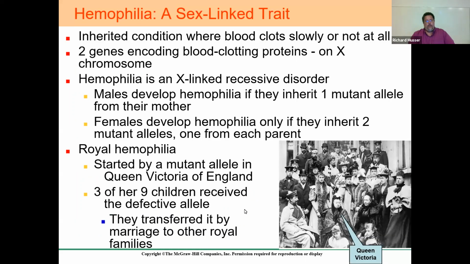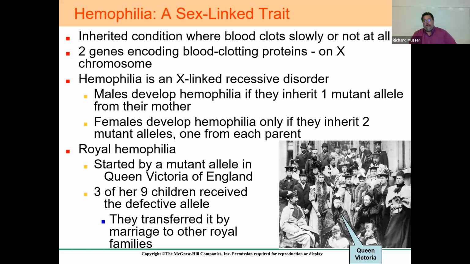This was a bigger issue in royalty, for instance, who tended to be very selective of who would hook up with their family, right? So they would tend to have some inbreeding going on, to keep the money together. I hate to call it inbreeding, but that's what it was, and it increased the likelihood of seeing sex-linked traits like hemophilia.